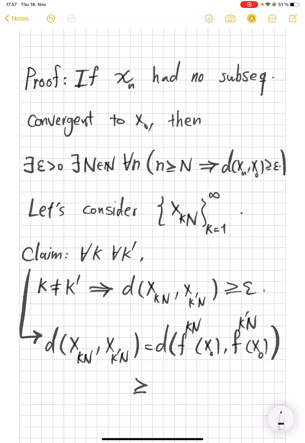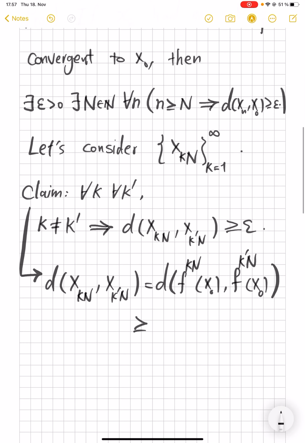Now for the first time I'm using the property of f, which is if you drop one f from each, you get a smaller distance. So if I just subtract 1 here and here, I get this. Okay, f to the power 0 means just don't apply any f.